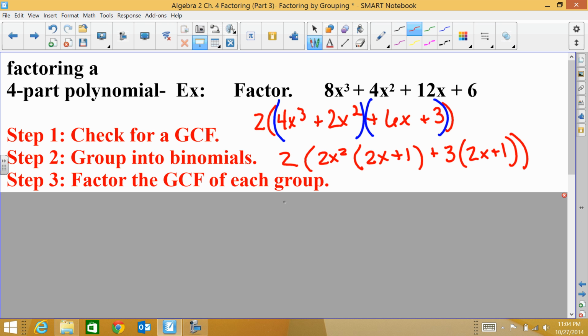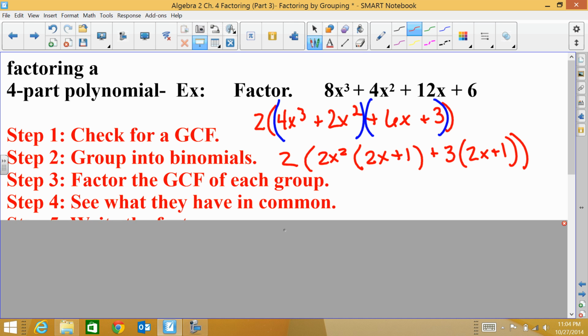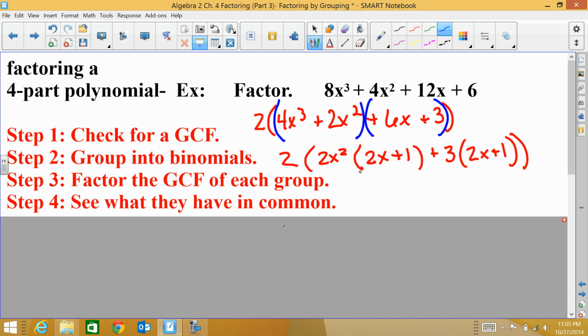So now if you look at what I have, ignoring the 2 that is in front, I'm going to see what my groups have in common. And I see that after I took out the greatest common factor of the first group, and after I took out the greatest common factor from the second group, both of these have 2x plus 1. So if I count this as one whole thing, and this as one whole thing, what do these two things have in common?